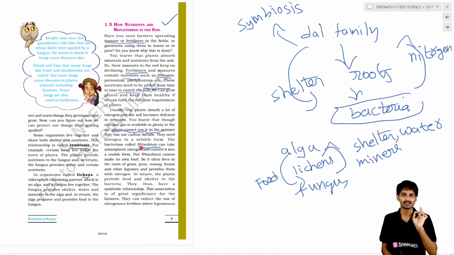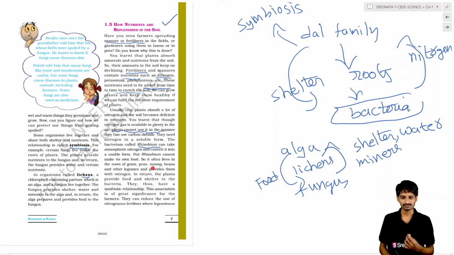For that reason, there is a bacteria called rhizobium, which converts atmospheric nitrogen into a usable form and releases it into the soil, and the nitrogen from the soil is absorbed through roots along with water. I forgot to tell the name of that bacteria. The name of that bacteria is rhizobium.